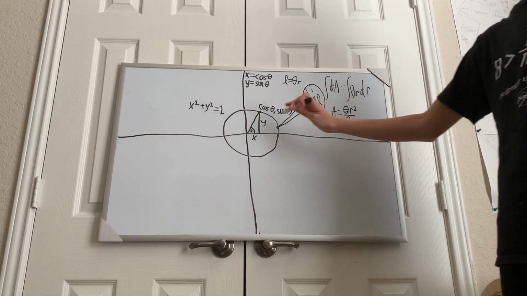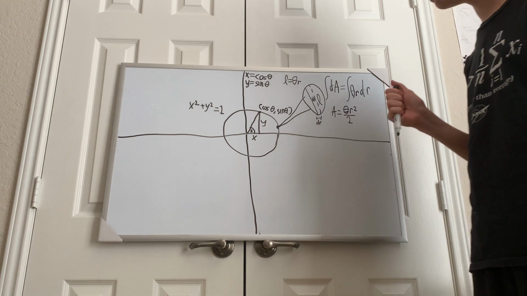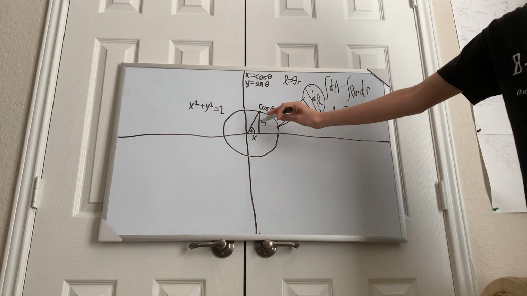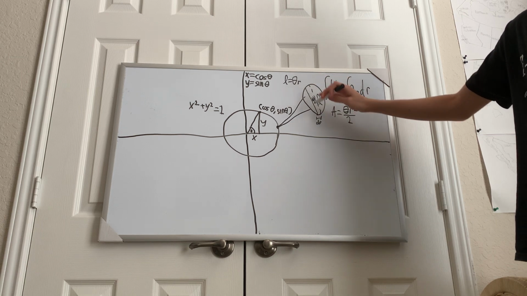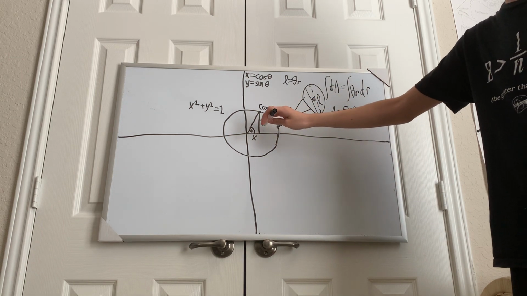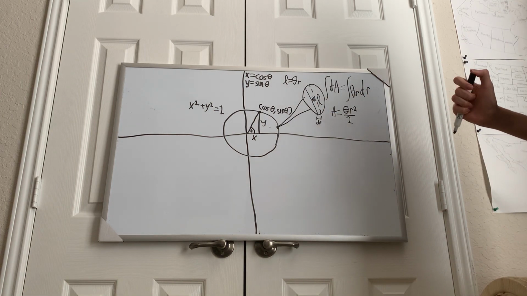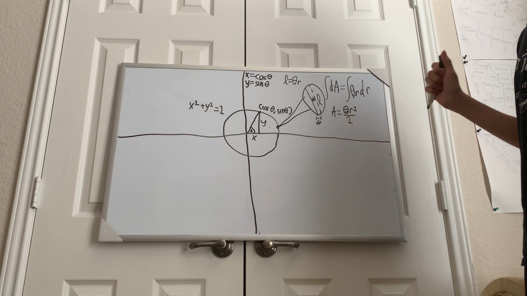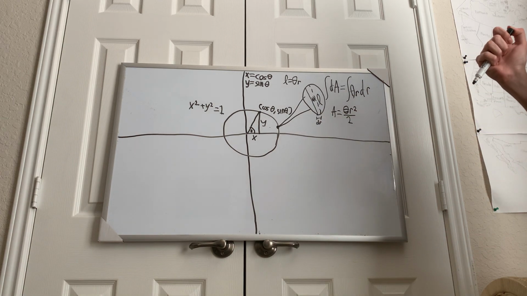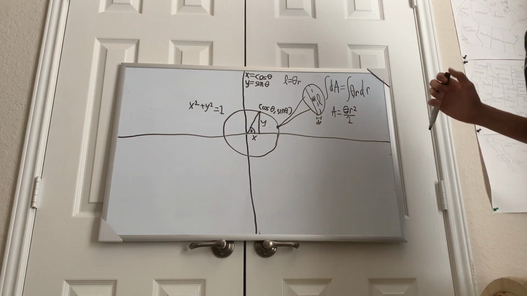And this describes the area under this arc and the triangle here, because this describes the border of this arc here, this bounded area. So now we know that R is going to be equal to 1 since we have a unit circle.